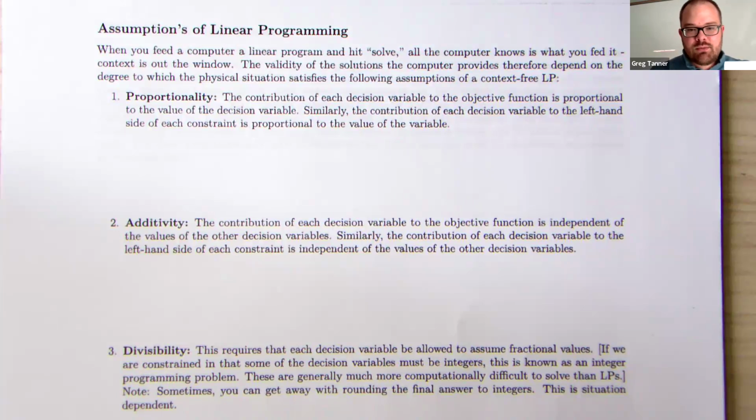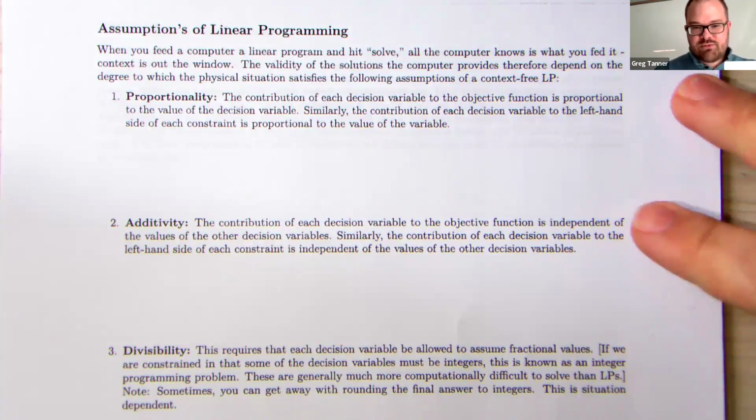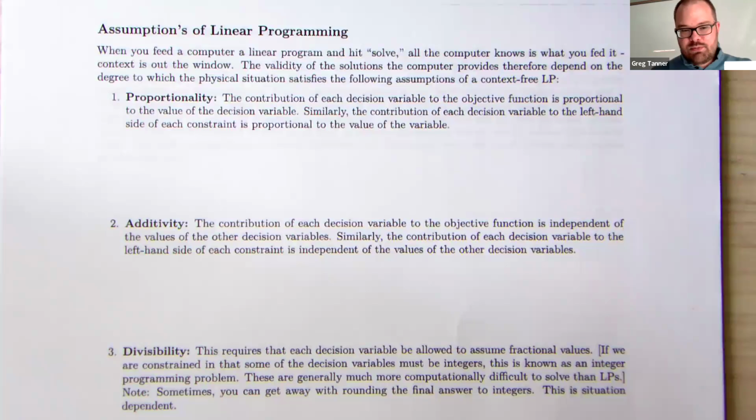So the first assumption is proportionality. Each decision variable contributes to both the objective and the constraints proportional to its value. What does this mean? Well, let's actually talk about the first two together. The second one being additivity, in that the contribution of each decision variable adds together both for the objective and then for the constraint.